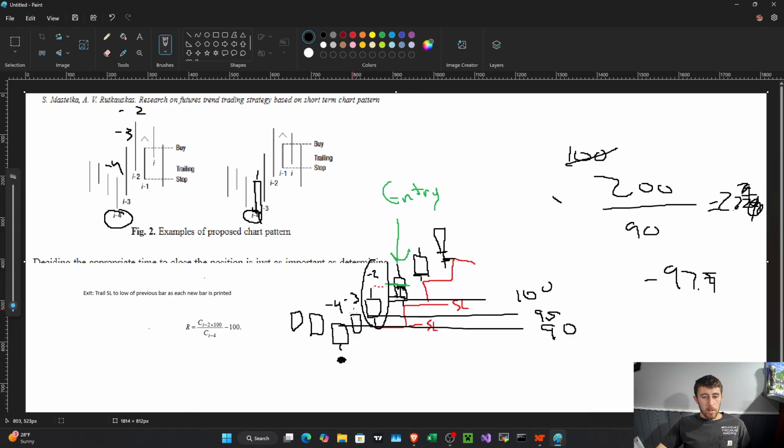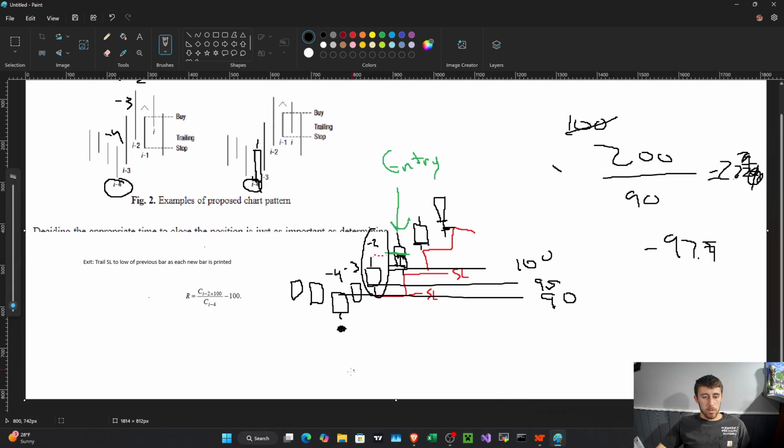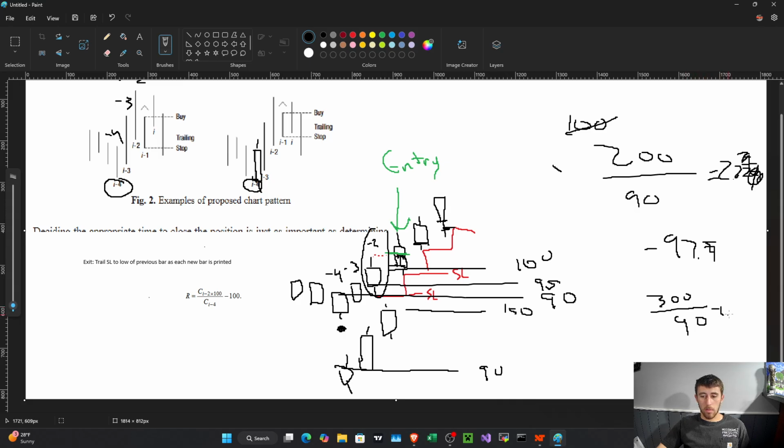Now say candle I3 was much larger. So it's something like this, right? Close at 90. But then I2 closes at 150. Now we're going to get 300 divided by 90 minus 100.